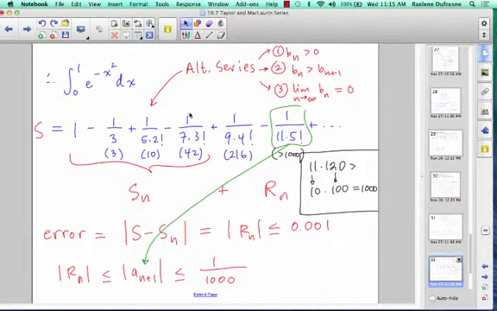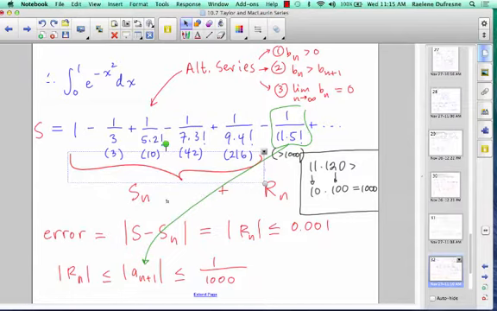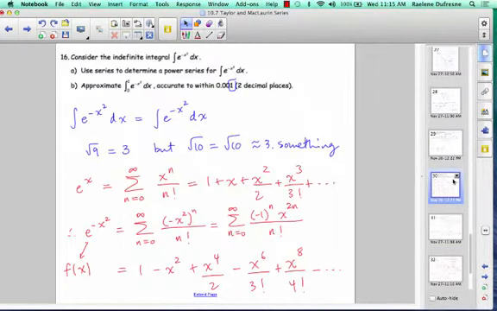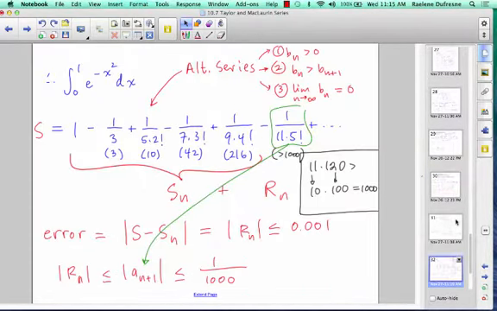So I'm going to use these terms for my Sn as my approximation to S, such that the approximation is within 0.001 of the exact value. So we want to evaluate Sn for the first 1, 2, 3, 4, 5 terms.